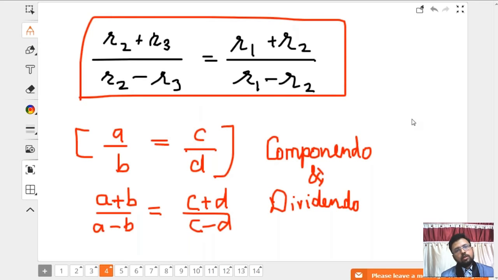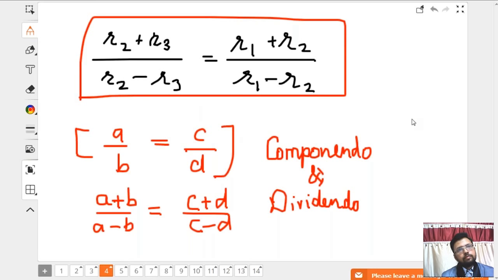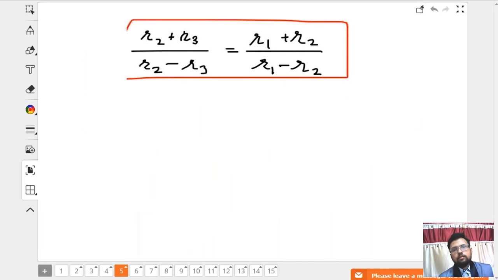Please note down this property because it's comparatively an important property, which you can use to solve questions very easily. Try to apply componendo dividendo to this one.